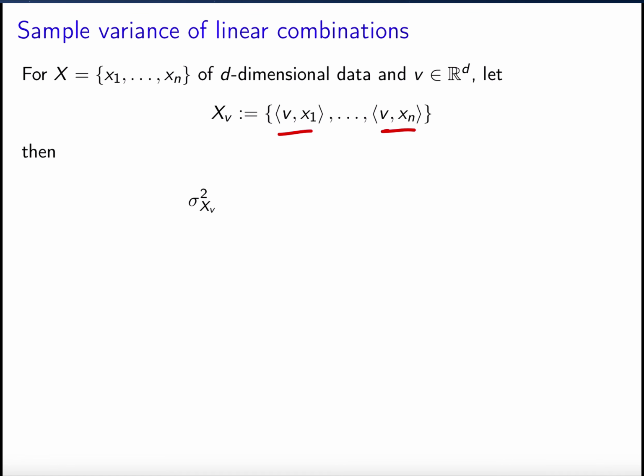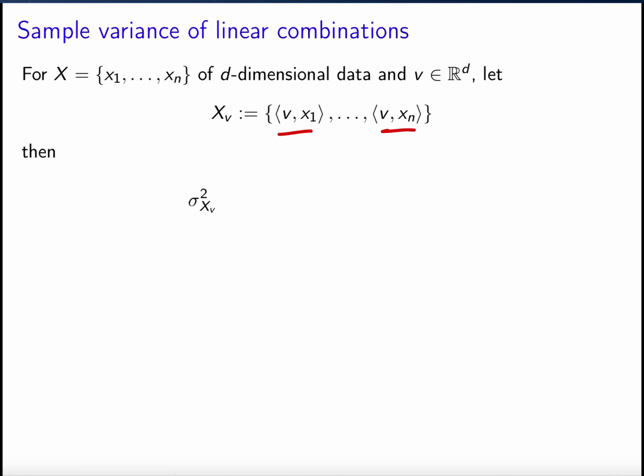The argument to prove this is almost exactly the same as in the case of the actual covariance matrix. The reason is that here we're taking averages, and in the case of the covariance matrix, we're taking expected values, and they're both linear. So that's why the proof is essentially the same.